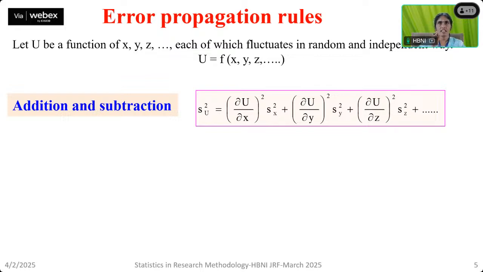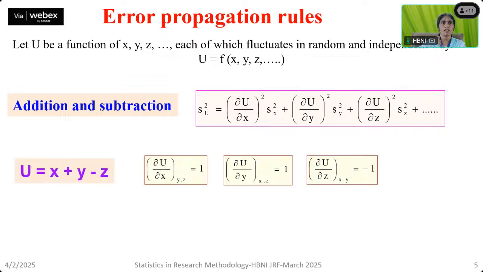So we take partial derivative of the function u with reference to the input parameter which is getting fluctuated. That way we get the propagation. The general rule, mathematical formula is given on the right-hand side table.